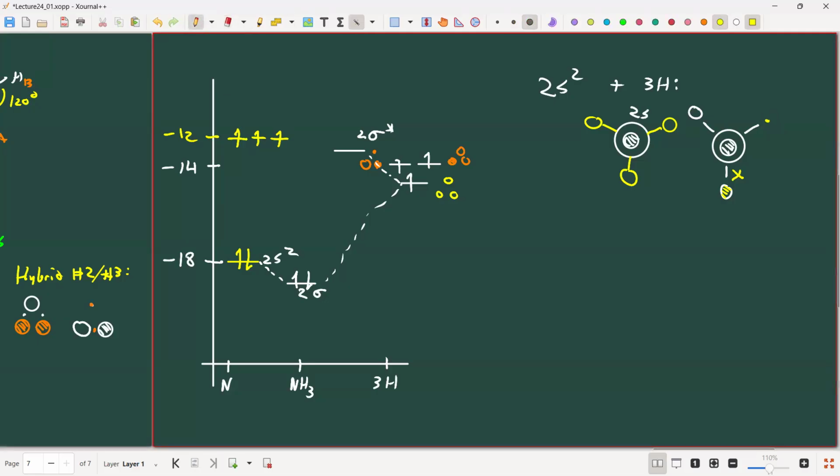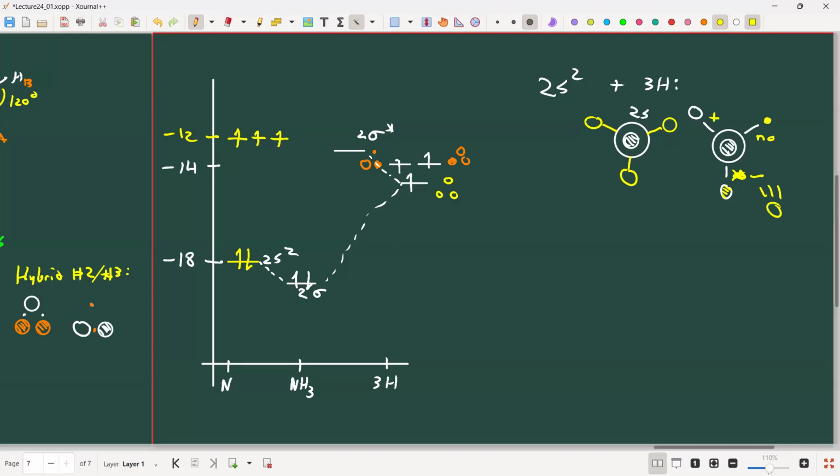Sorry, this needs to be a dot here. Right, and which is no interaction. And this one also does not work, right? Because they cancel each other. So we have a positive combination here and a negative combination here. So the net combination is 0. So the other 2 orbitals of the hydrogens don't interact with 2s. They cancel out. So it only interacts with one of them.